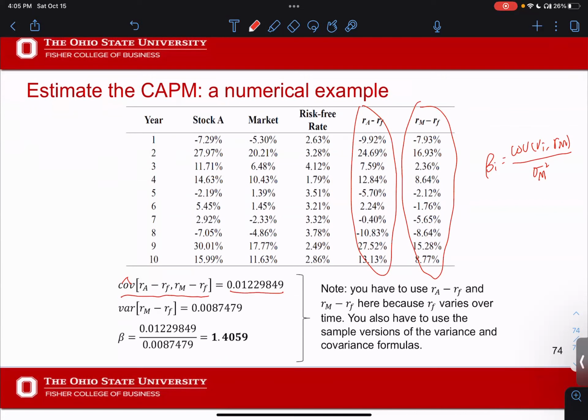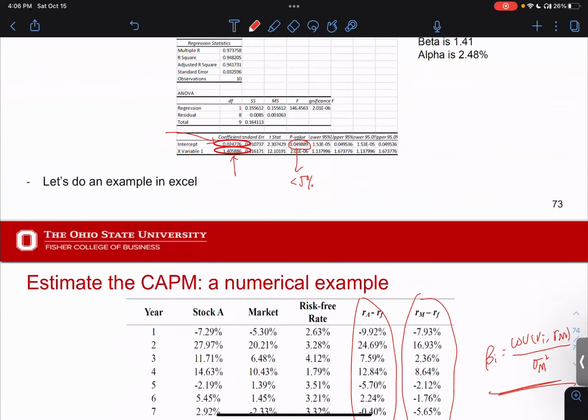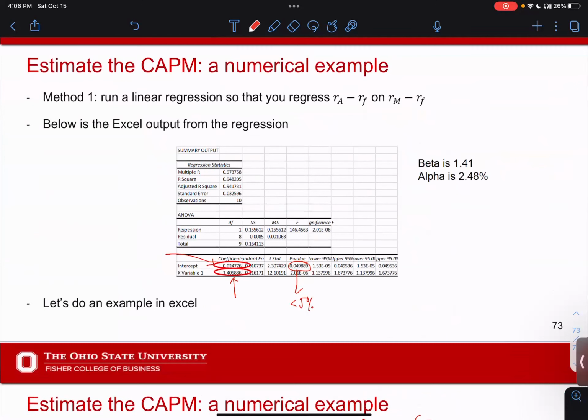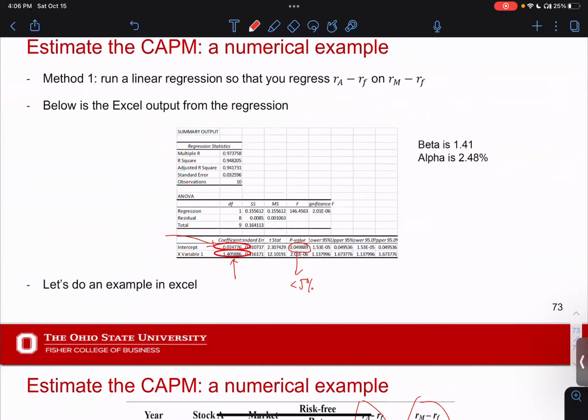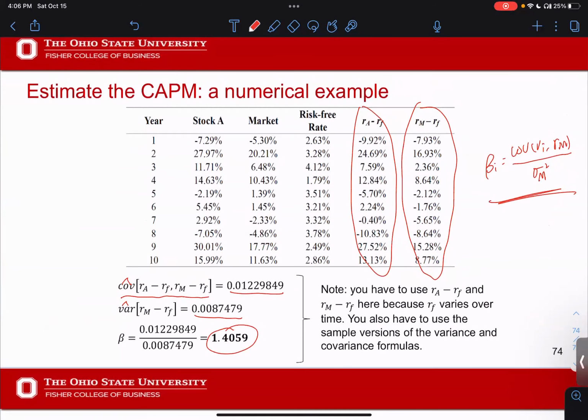And you can also estimate the variance on the last column, and you get this number. And you divide these two by each other. It's just plugging in the beta formula that I just wrote down here. You will get the same thing, 1.41 around. And you see this number is very close to the regression result. So it's just 2 ways to estimate the beta.